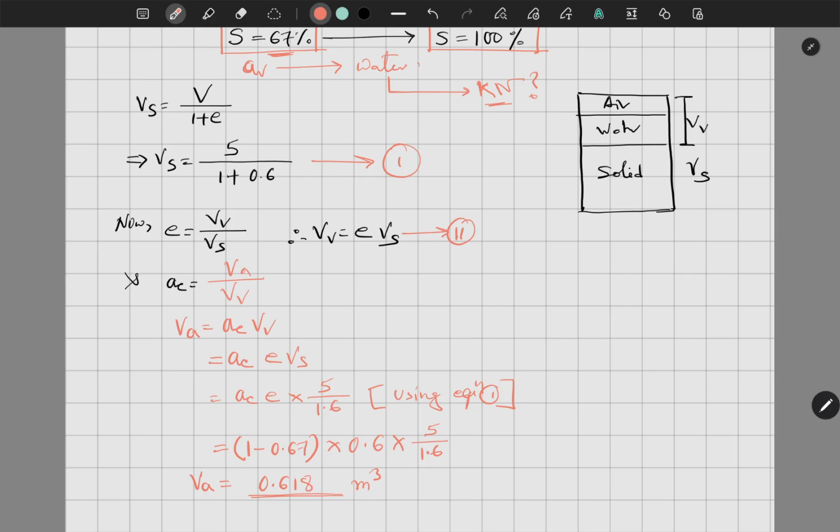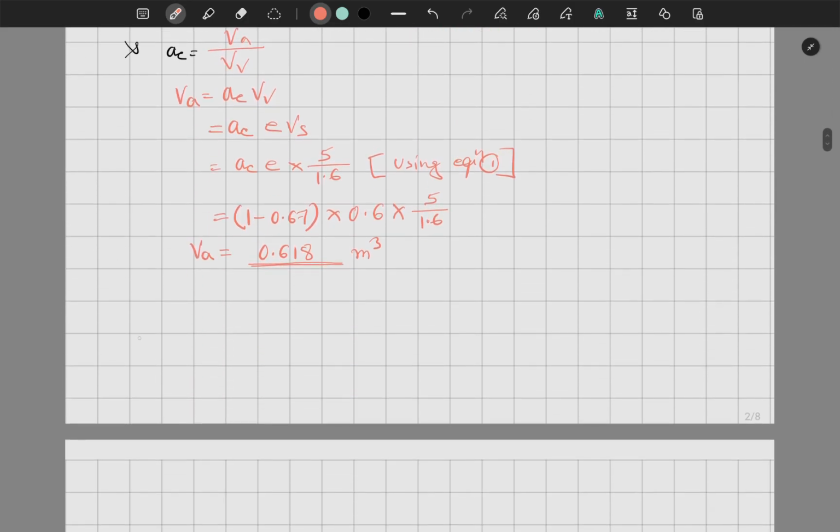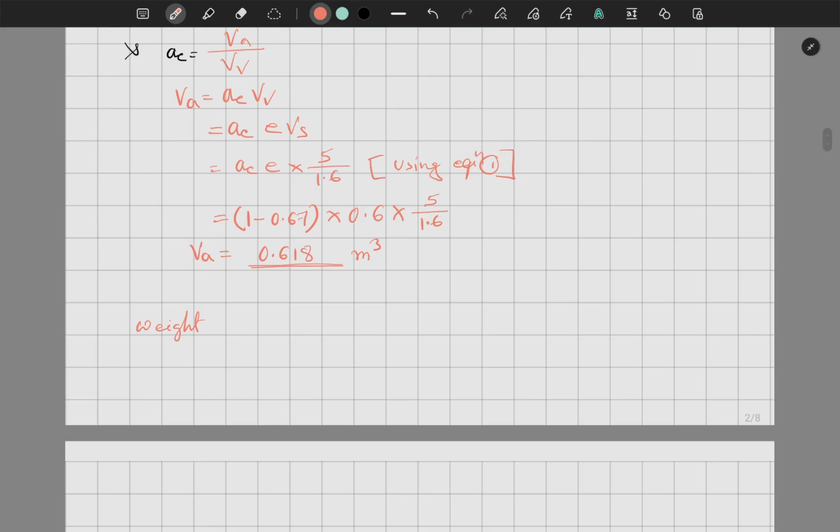Okay. Now they asked for weight. To find out the weight of water required for saturation, meaning full saturation, the additional weight of water required will be volume of air into the density of water. So 0.618 into 9.81, as it is given, in kilonewton, and it becomes 6.07 kilonewton.